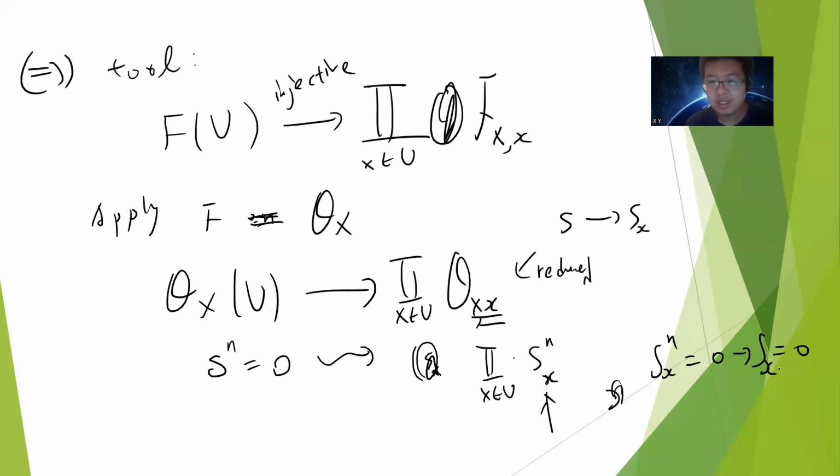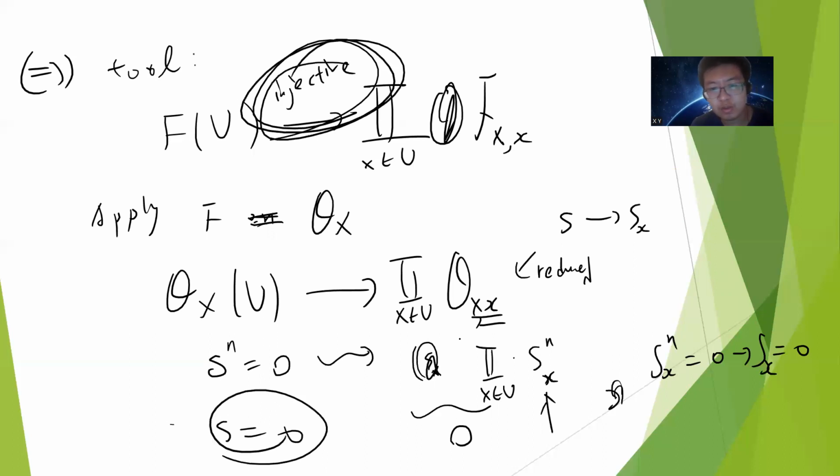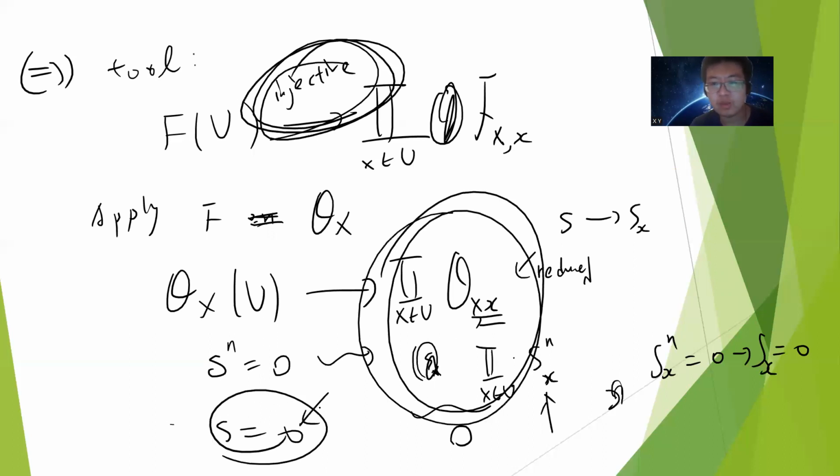But this means that the element is 0 on the right hand side, and this map is injective, so s must be 0. If the right hand side is 0, the left hand side must be 0. Proof done, that's it. So we proved it.